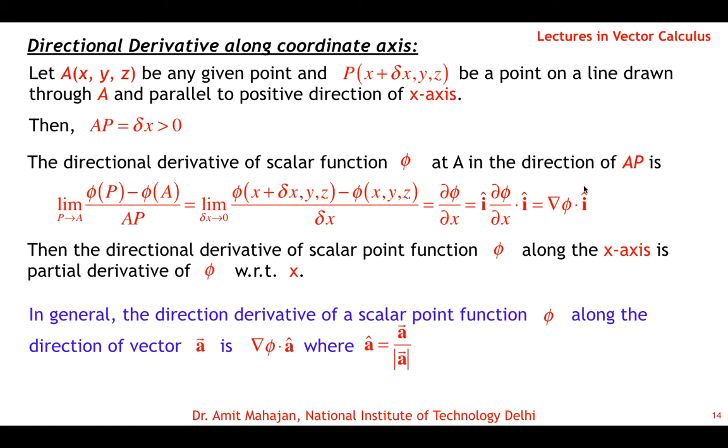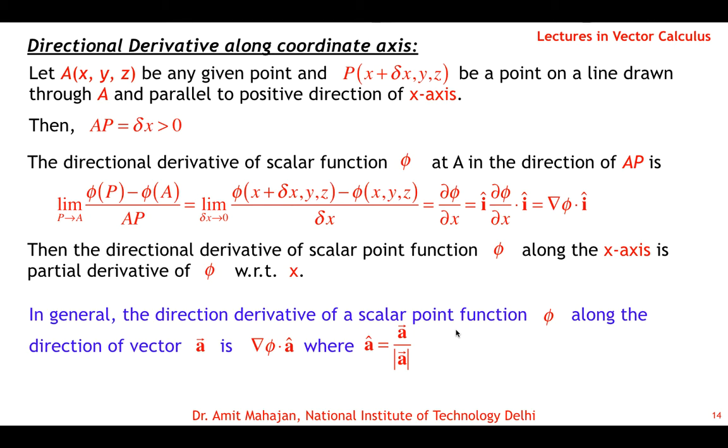Clearly, I cap is a unit vector in the direction of the x-axis. Similarly, the directional derivative in any general direction of vector a is gradient phi dot product with a cap, where a cap is a unit vector in the direction of a, and we can calculate a unit vector from any vector by dividing that vector by its magnitude. So a cap is nothing but vector a divided by the magnitude of vector a.